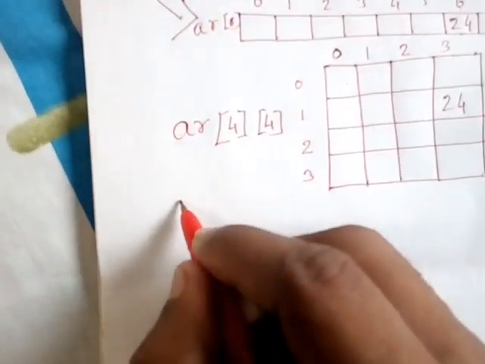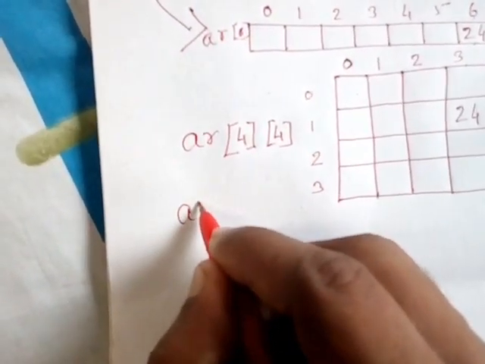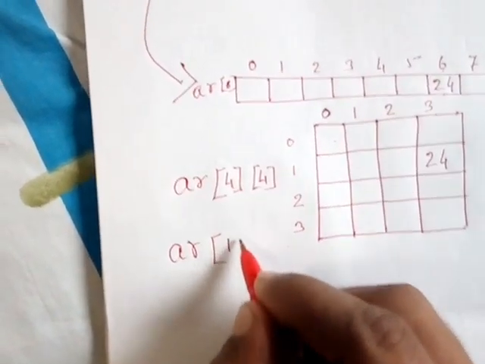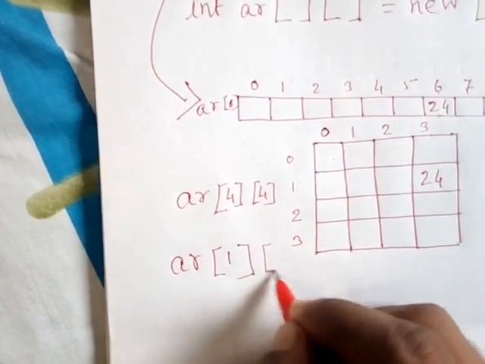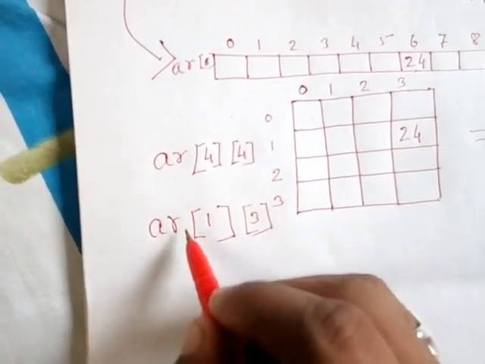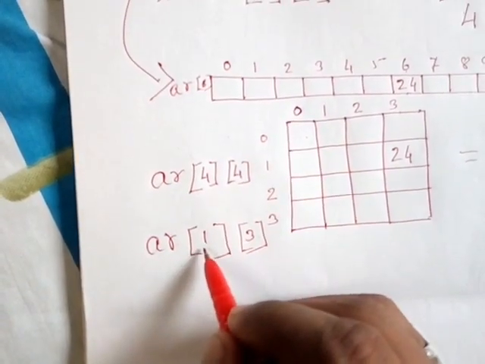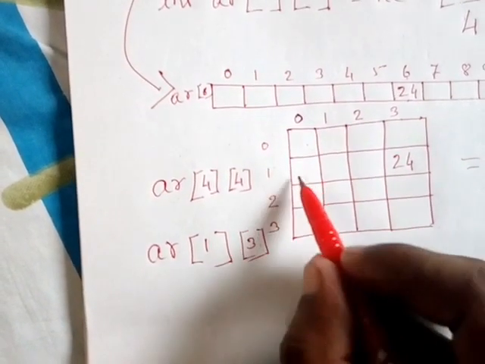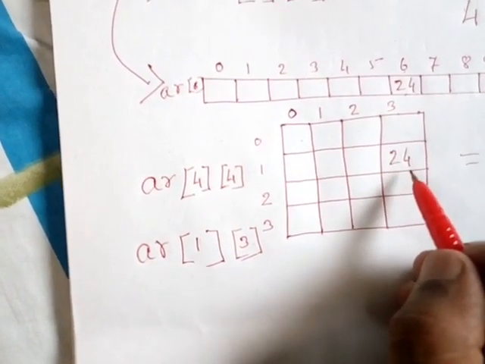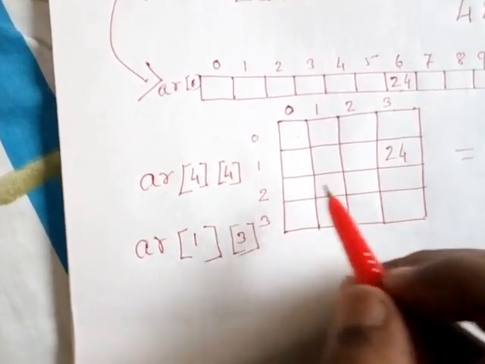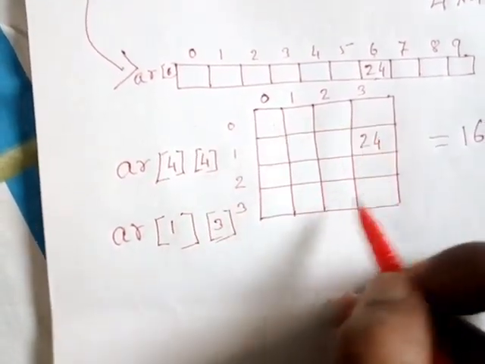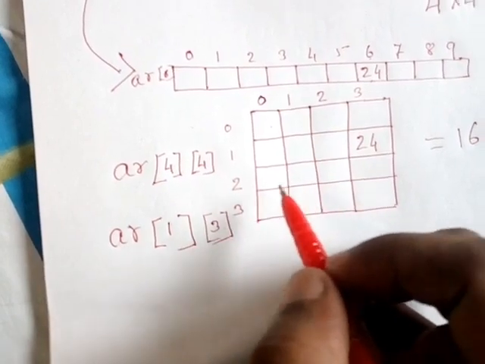Then we can easily write AR[1][3], that means 1 number row and 3 number column. I have stored this 24 value there. Understood? So in this way we are going to handle or access a 2D array by using programming.